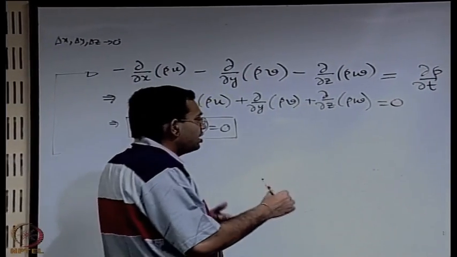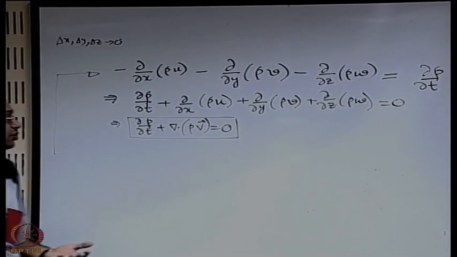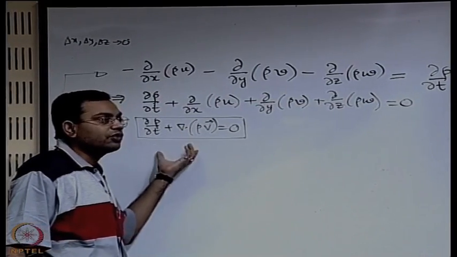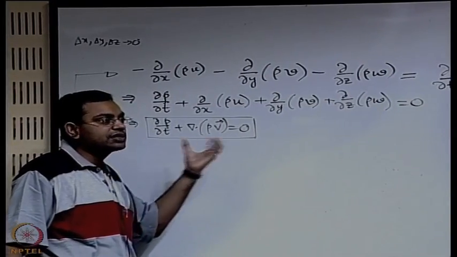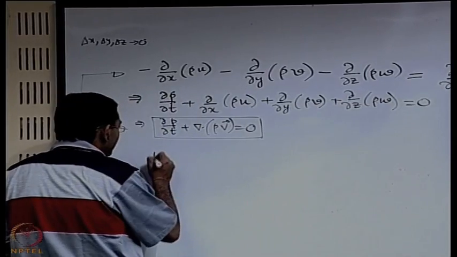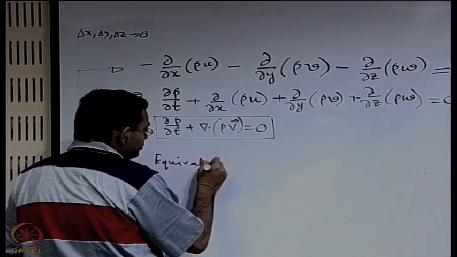We will later on formally see one methodology by which you can convert easily from a differential to an integral form, but without going into that formality, let us look into a very simple example by which we see how to do it. So we are now interested in the equivalent integral form.